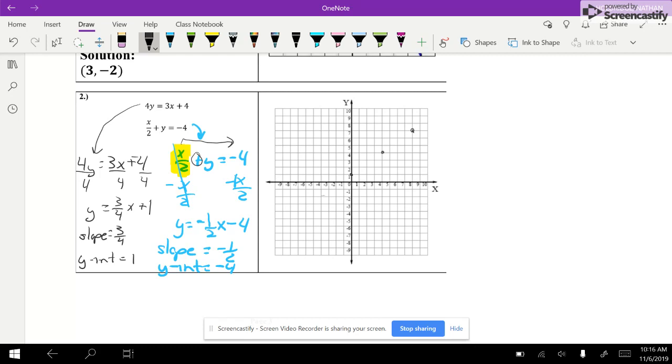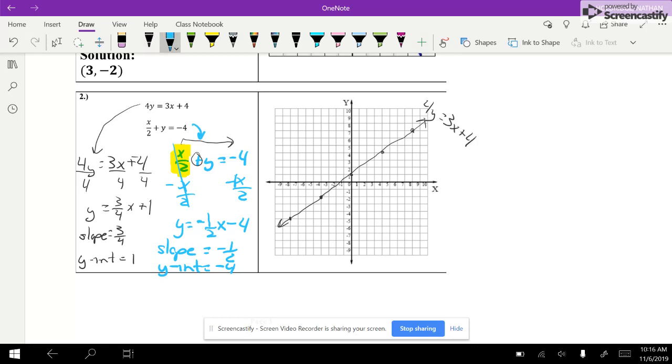Down 3 and over 4. Okay, I'm going to connect them. Beautiful. I need to make sure that I label this line. So this is 4y equals 3x plus 4.